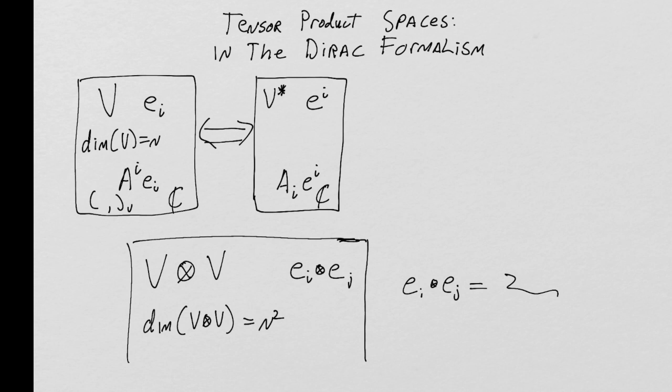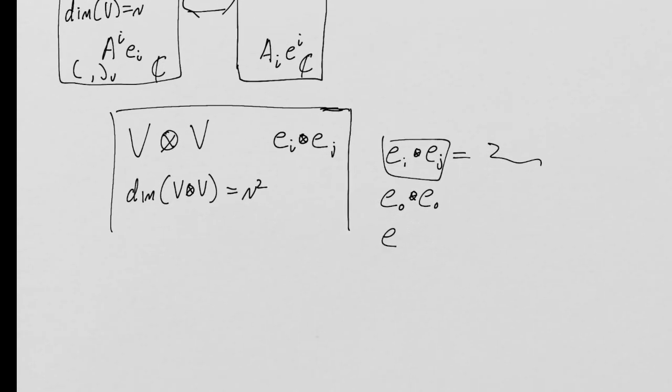If you did put something over here, it would just be a renaming of what this is. This is meant to be a basis vector. And so you have the basis vector E0 tensor E0, the basis vector E0 tensor E1, etc., all the way to E_(n minus 1) tensor E_(n minus 1). Every combination is represented in the basis, so that's why you have n squared basis vectors for n squared dimensions.